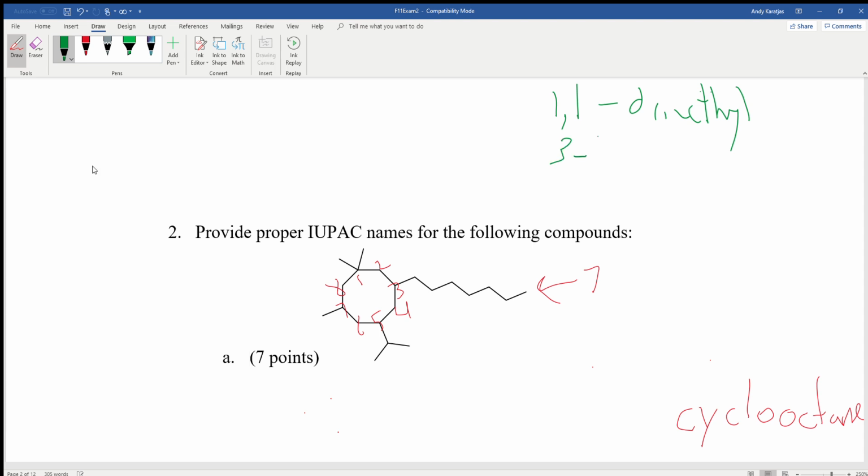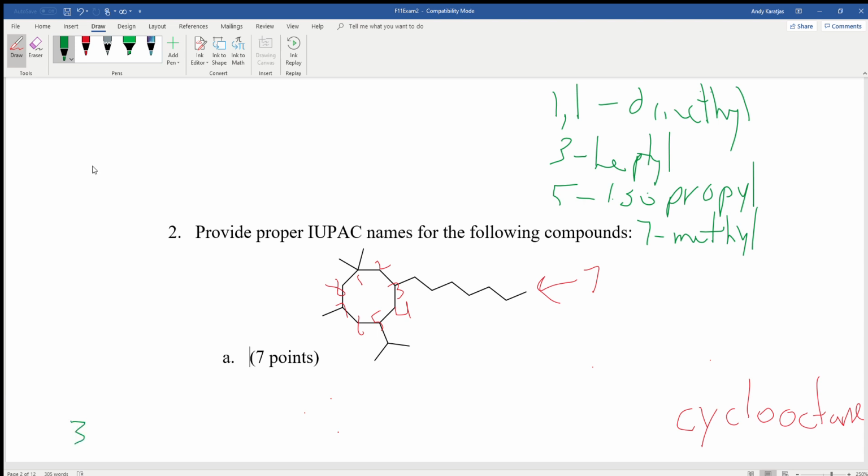So we have 3 heptyl. At carbon 5, we have an isopropyl. And at carbon 7, we have another methyl. So in order to finish our name here, all we need to do is alphabetize these.